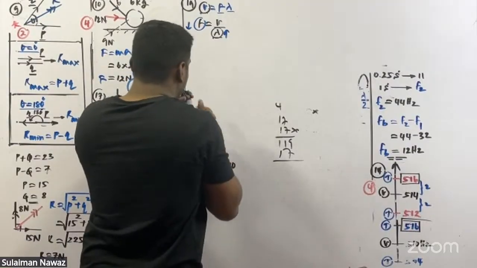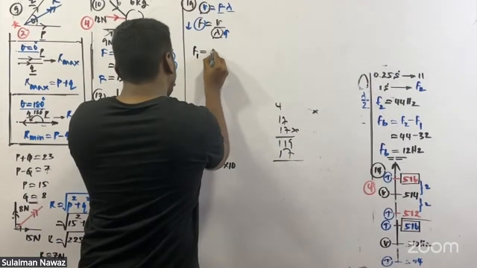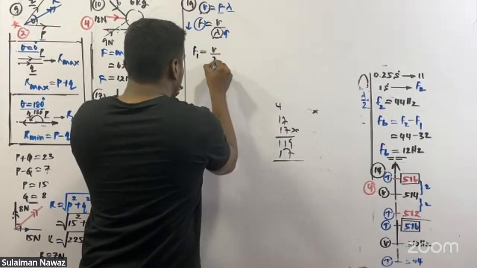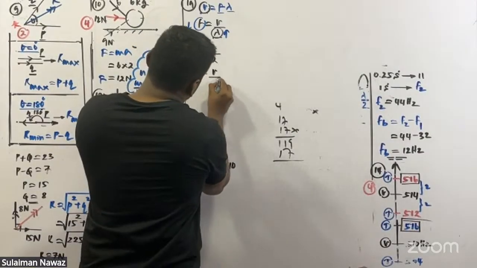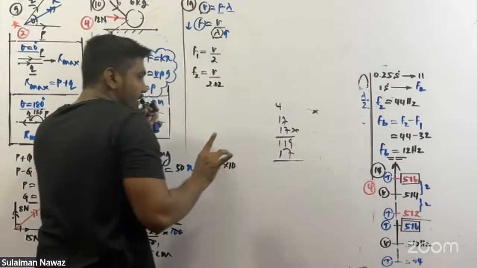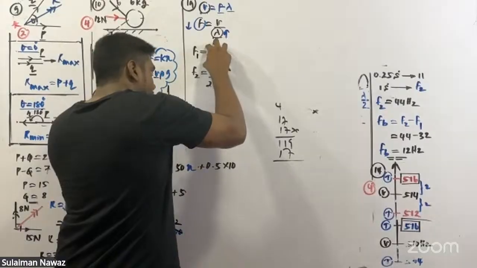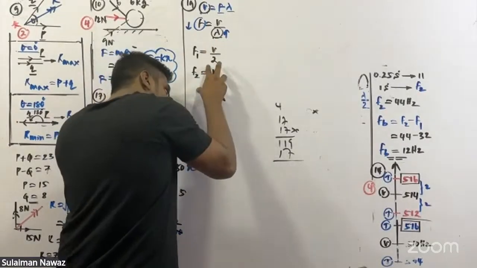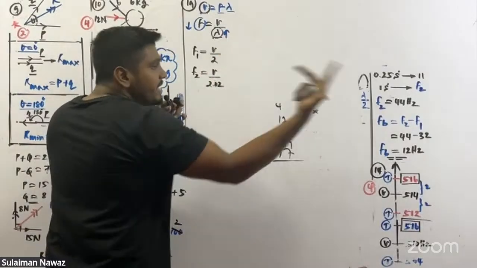So the frequency of the first wave, f1, is V over wavelength, 2 meters. Frequency of the second wave, f2, is V over 2.02. They mentioned the beat frequency; the difference of the frequencies of the waves is the beat frequency.